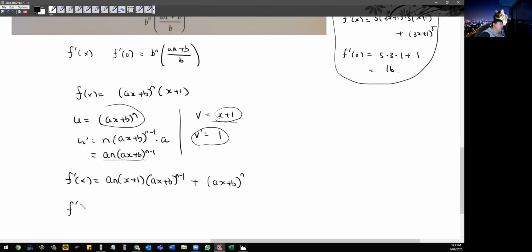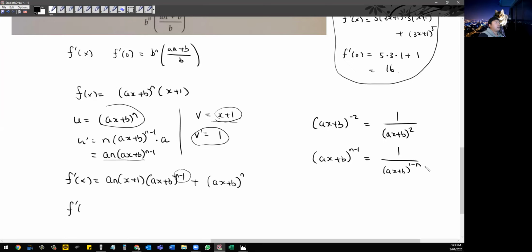Would it be safer to move the ax plus b to the n minus 1 down and create a fraction? Oh, you don't have to move this down because we don't know whether this is a negative number or not. If it was ax plus b to the power of negative 2, then of course it'll be that. But anyway, if you want to move it down, then what's going to be the exponent?